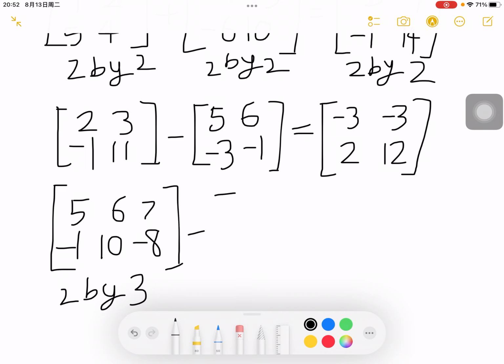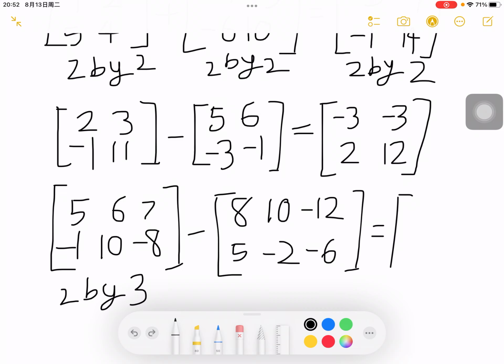And we subtract this by 8, 10, -12, 5, -2, -6. Okay, so the answer here is still going to be a 2 by 3 matrix. And we're going to get 5 minus 8 is -3, 6 minus 10 is -4. Then 7 minus -12, which is 7 plus 12, is 19.